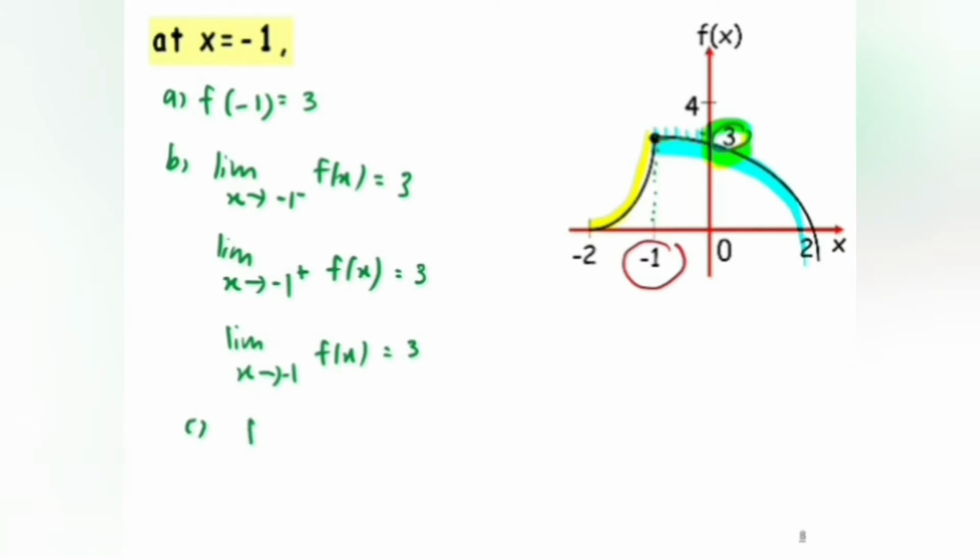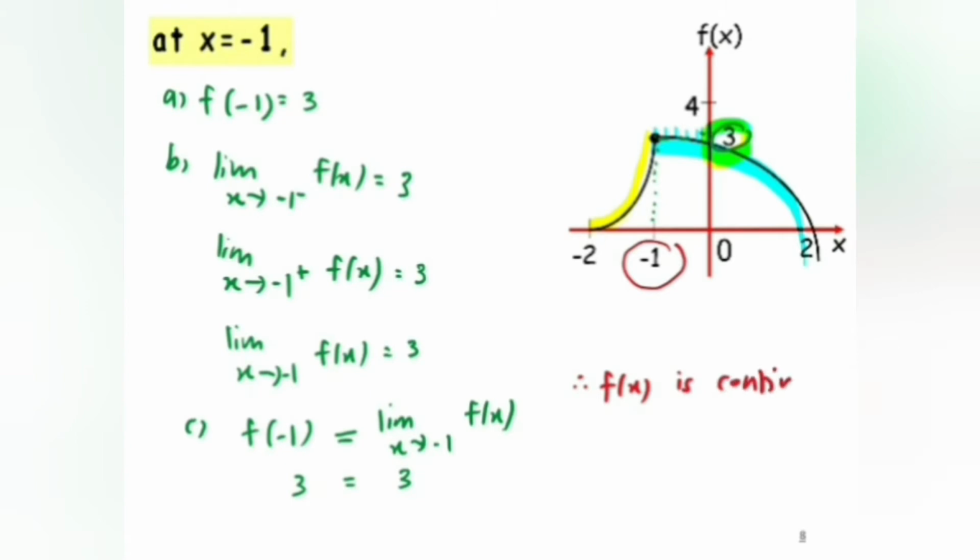Third condition, check whether the first and second conditions are equal. First condition, we have 3. Second condition, we also have the value 3, so they are equal. That means the function is continuous at x equals -1.